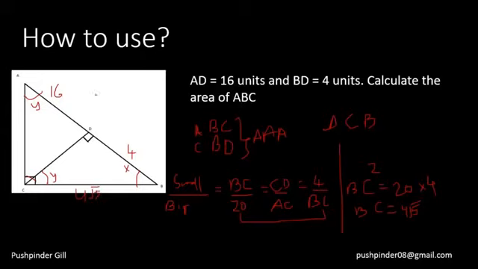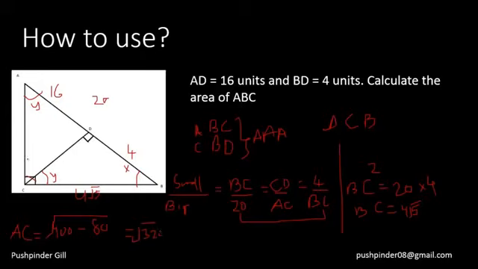Now if this is 20 and this is 4 root 5, I'm using Pythagoras theorem here to get AC. So AC would be equal to the square root of 400 minus 80. Alright, that will actually give me the value of AC.